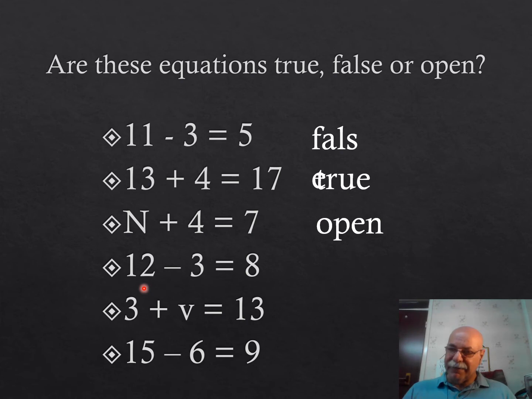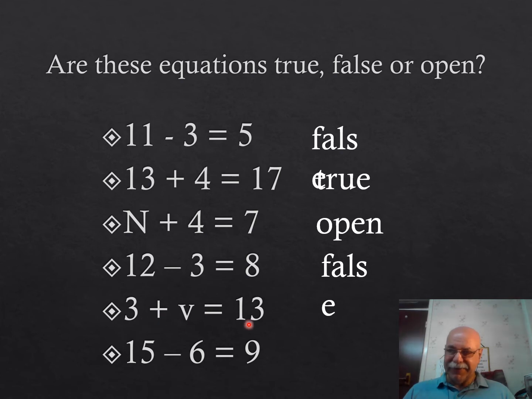Here, 12 minus 3 equals 8: truth, false, or open? This is false, because 12 minus 3 is not equal to 8.